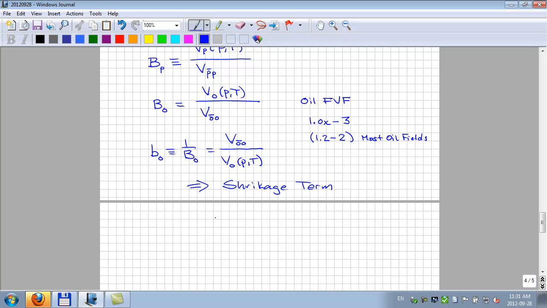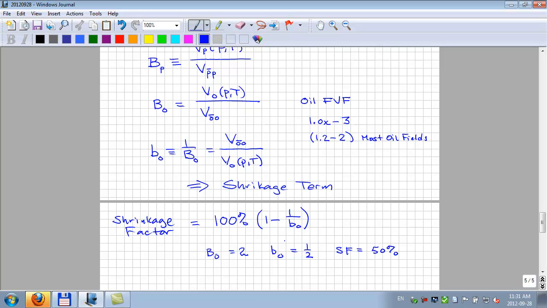The actual shrinkage factor, if you want to talk in terms of a shrinkage factor, and sometimes that's important, would be 100% times, I have to be careful here, 1 over, let's see, if BO is equal to 2, then little bo is a half, and the shrinkage factor would be 50%, right?